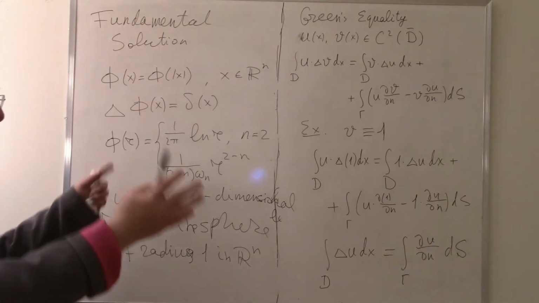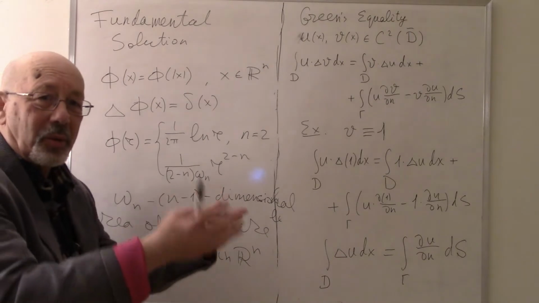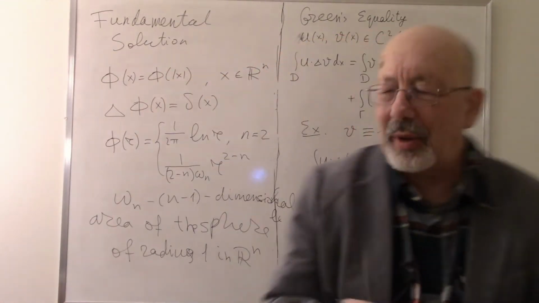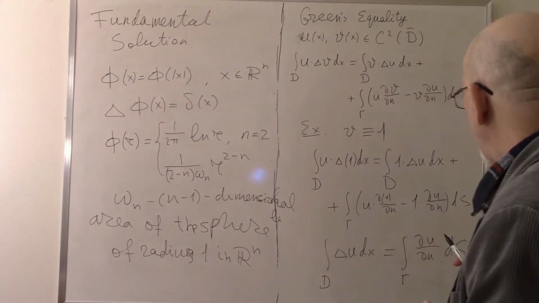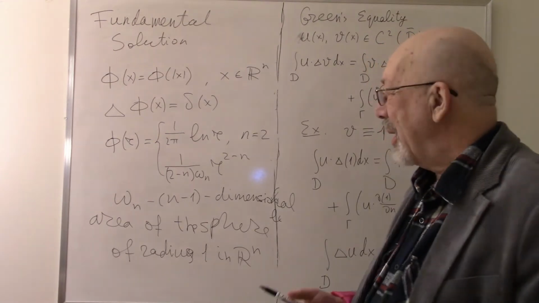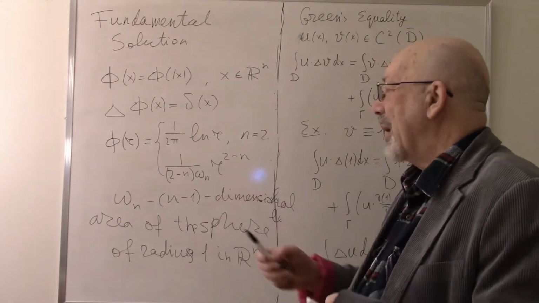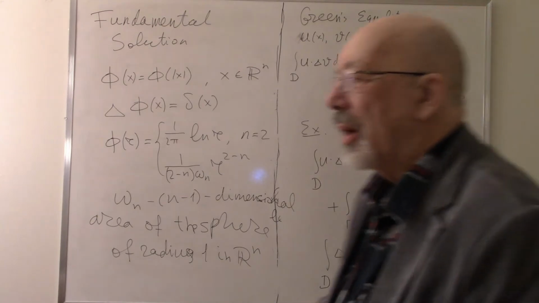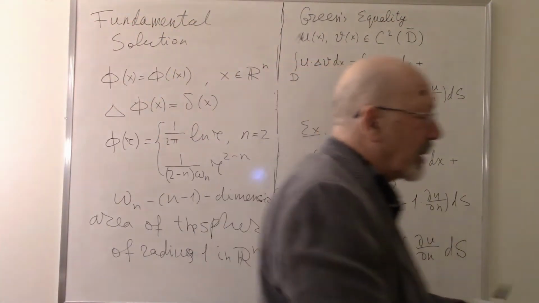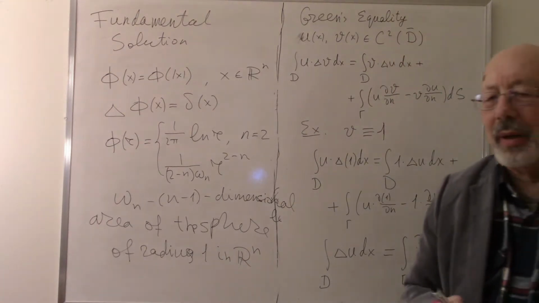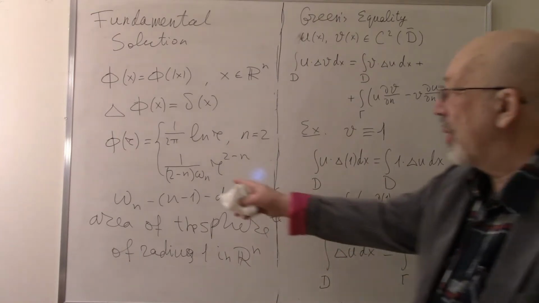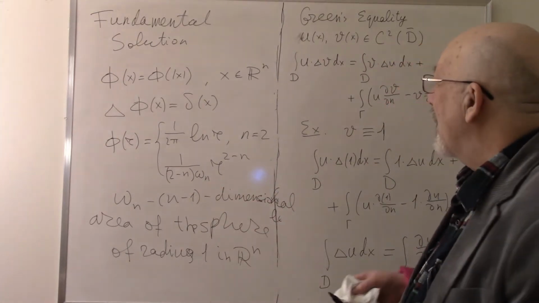So we have a unit sphere, and its n minus 1 dimensional area, the integral of ds over it, is denoted by omega n. In integral calculus, we found the value of omega n for all n.